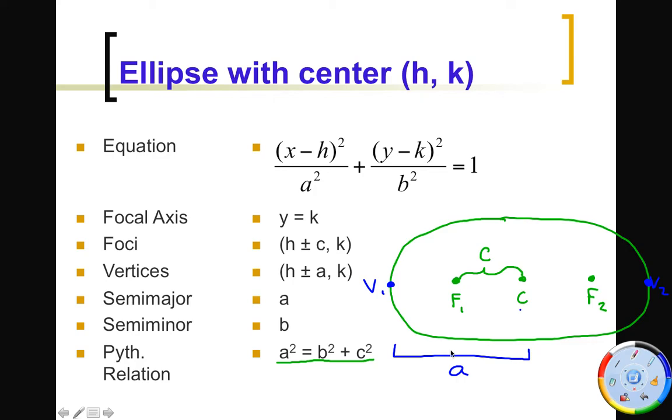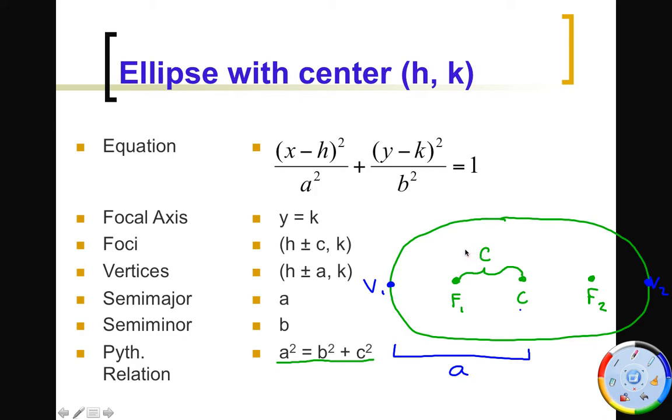So this is very key that you understand this, that the distance from the center to the vertex is a, and the distance from center to focus is c. And then down here, that means semi-major. This is the semi-major axis from vertex to center. The major axis is all the way through, or the focal axis, goes all the way through all of these points. And the length of that from V1 to V2 is obviously 2a.